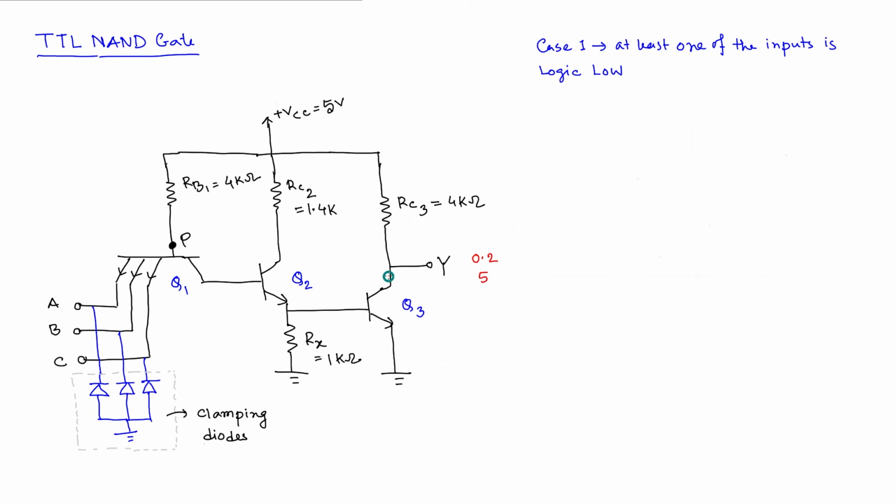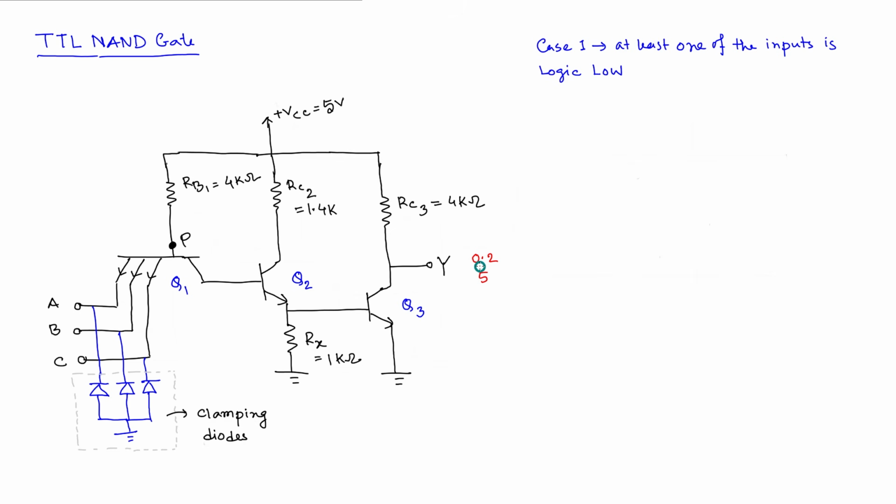Whenever it is in saturation, the voltage from collector to emitter, or ground, is 0.2 volt, which is the logic low. Whenever it is cut off, we directly get the supply voltage of 5 volt with no voltage drop here, as we saw in DTL.